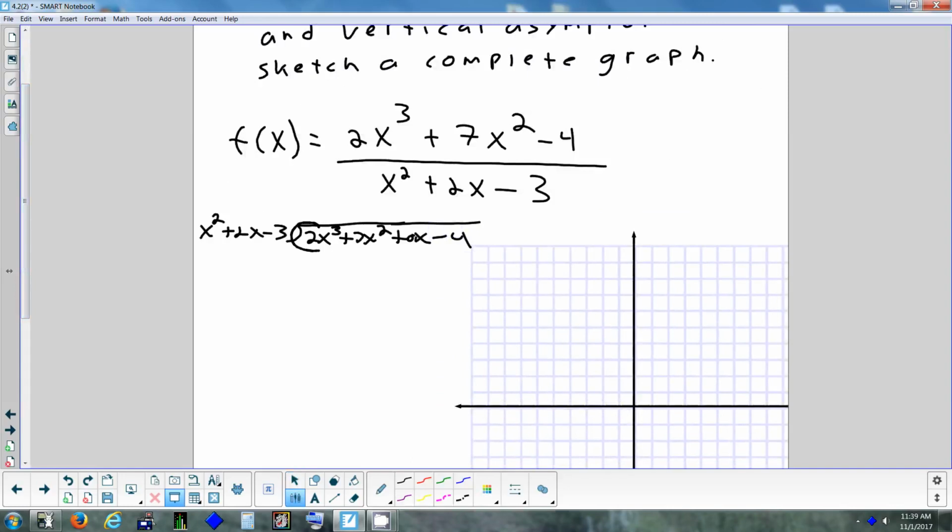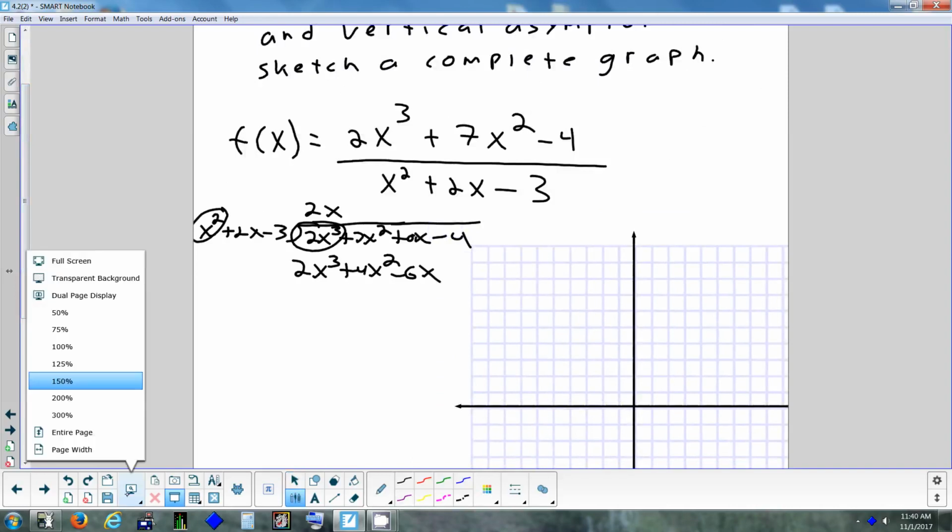All right, what's 2x cubed divided by x squared? Yep, 2x. Okay, multiply it back out. Make sure I do it correctly this time. 2x cubed, 4x squared, minus 6x. And what do we do with those columns? Subtract.